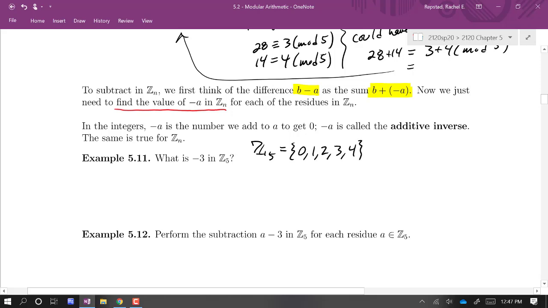So whatever negative 3 is going to be, it's going to be equivalent to one of those 5 integers. And it's got to satisfy the equation that when I add it to 3, I get 0. So I'm going to just posit to you right now that negative 3 is equal to 2 mod 5, and I'm going to show you why.